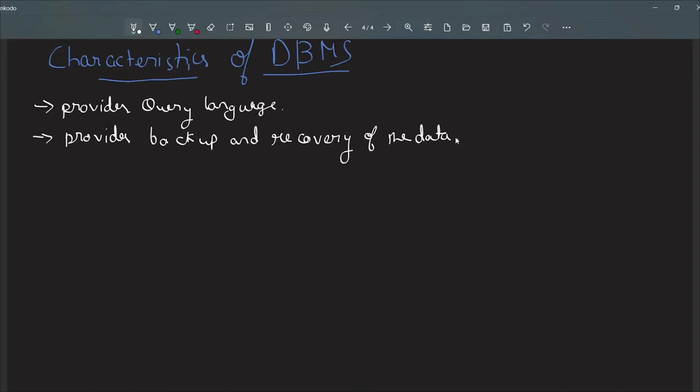DBMS provides backup and recovery of the data, which is helpful in protecting the data. So, in simpler words, it provides security.